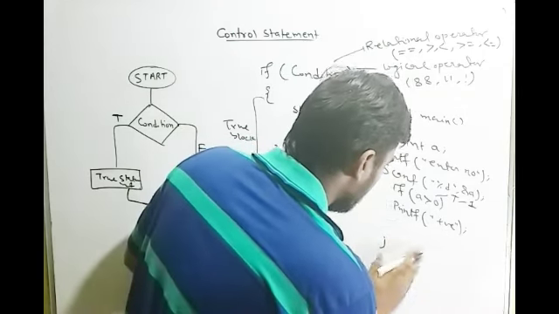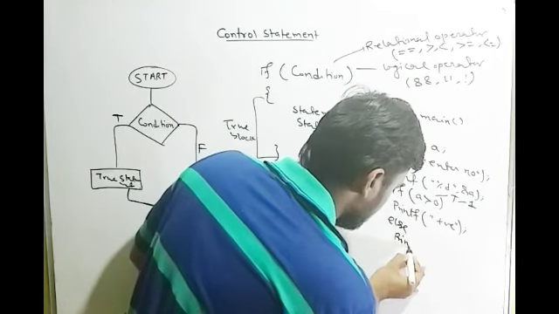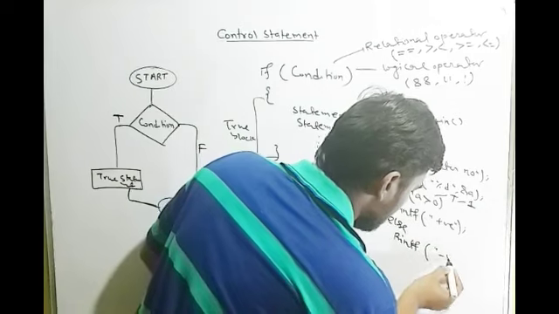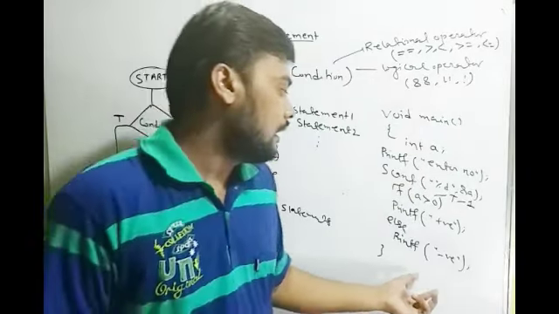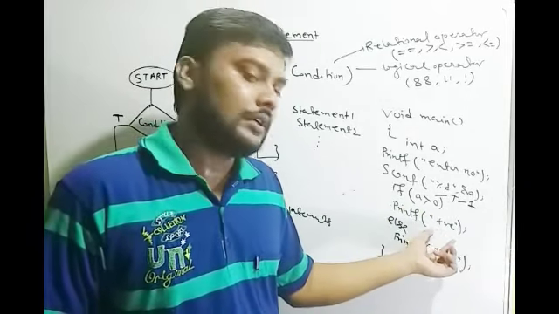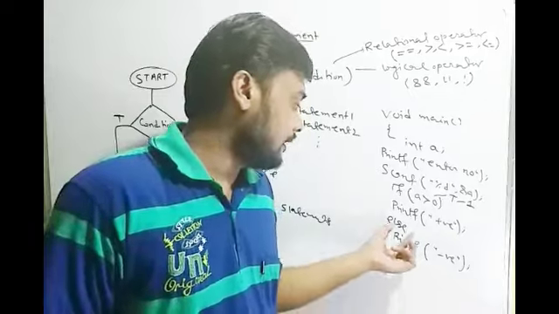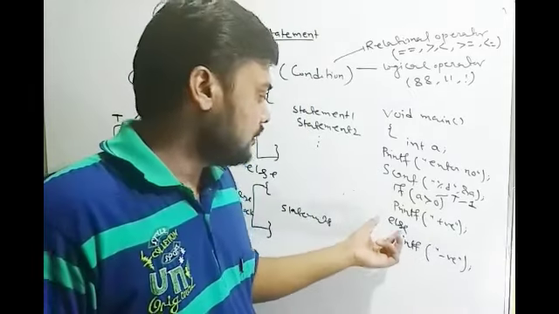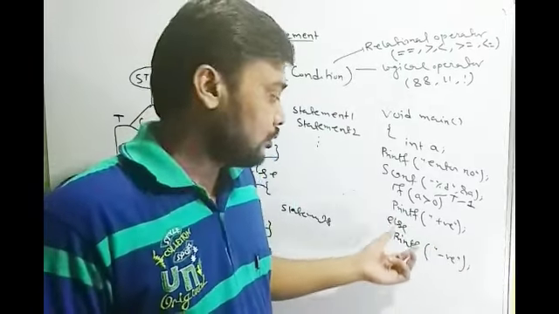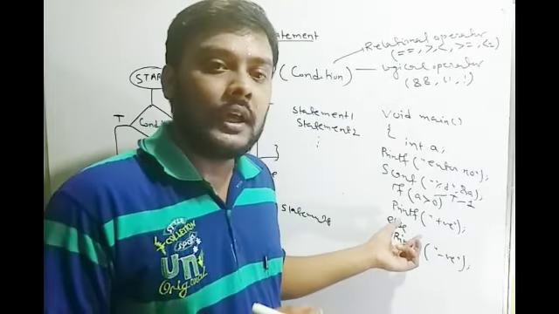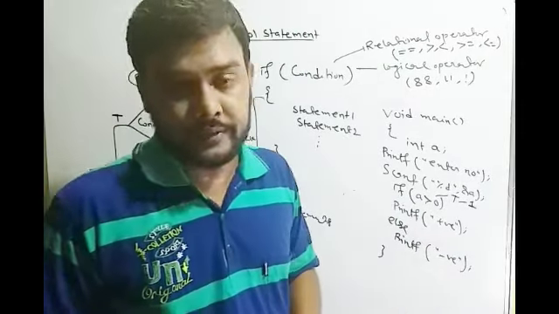Otherwise we put the else statement, else printf negative. So if it is true, it is positive, and otherwise the else statement will be executed. Remember that in the else block there is no condition. You do not put any condition after else.